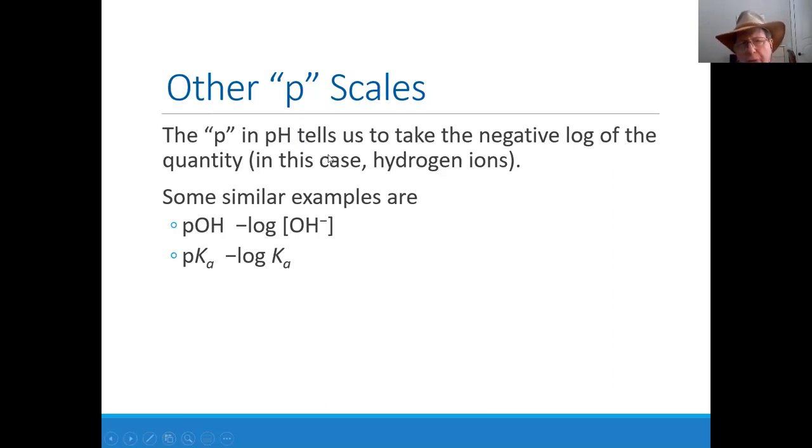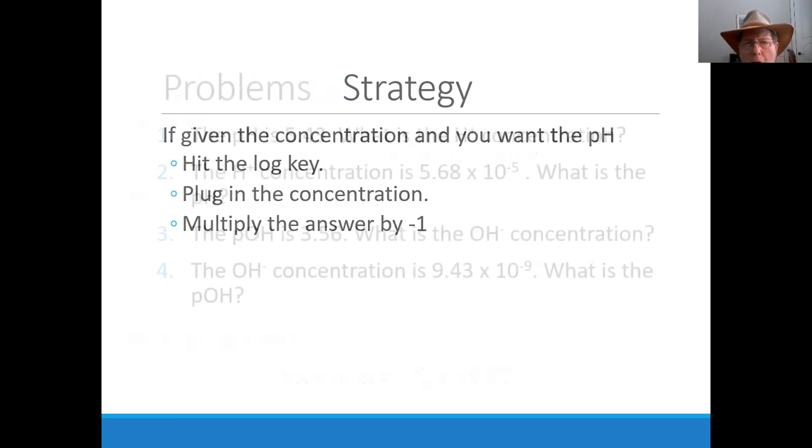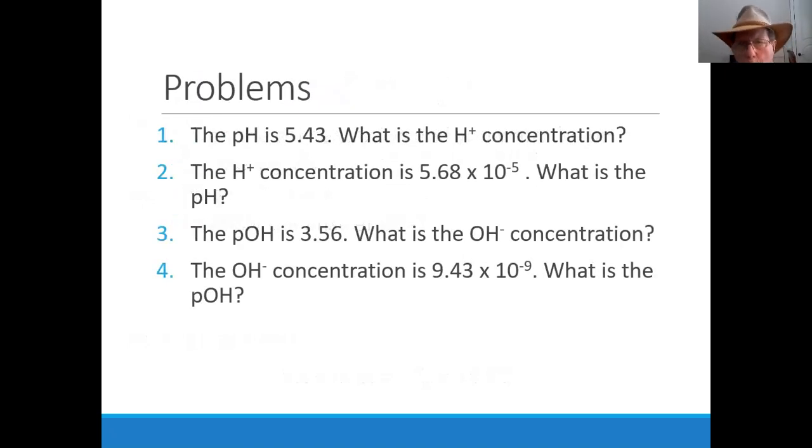If pH is equal to negative log the H plus concentration, then POH is equal to negative log the OH concentration. So all you're going to do is the same thing, only instead of plugging in the H plus concentration, you're going to plug in the OH concentration. Or instead of plugging in the pH, you're going to plug in the POH.